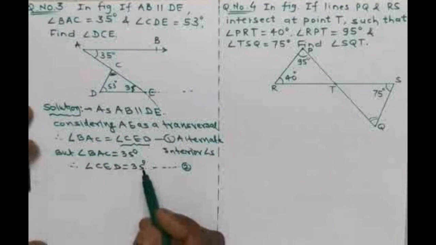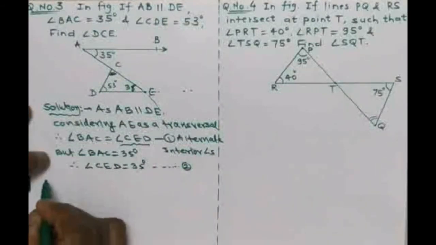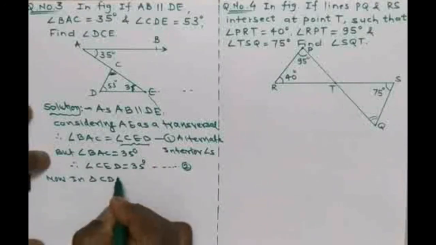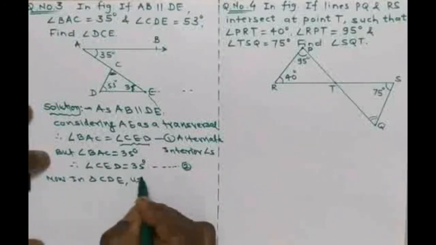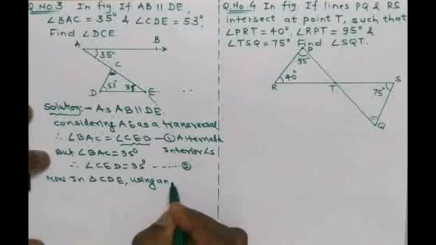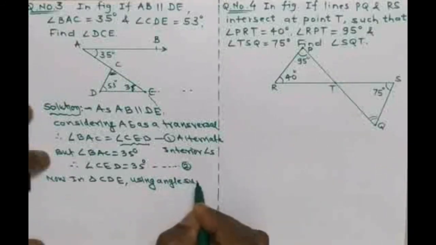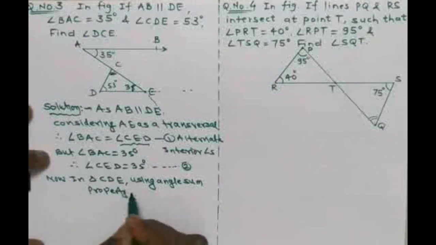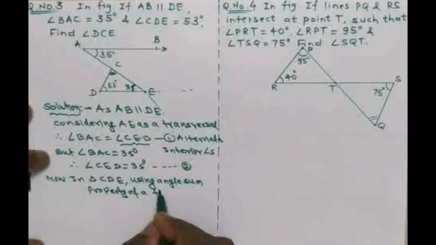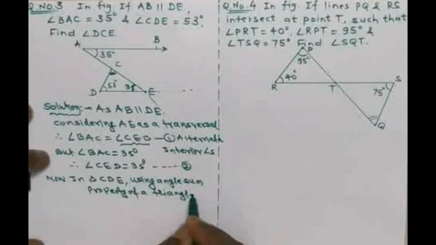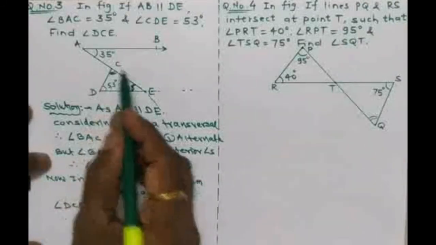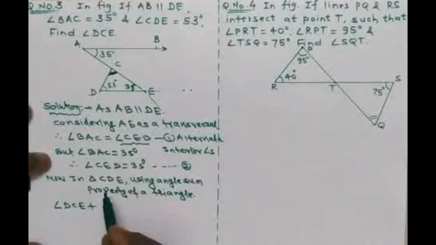Now using angle sum property in triangle CDE. Now in triangle CDE, using angle sum property of a triangle, angle DCE means this angle, which we have to find out now.